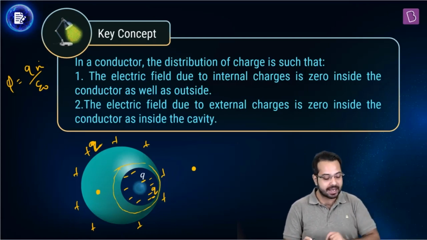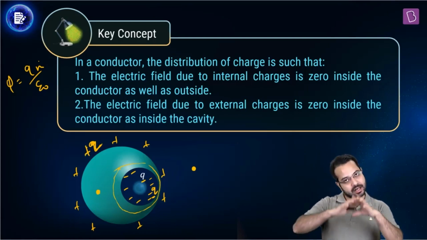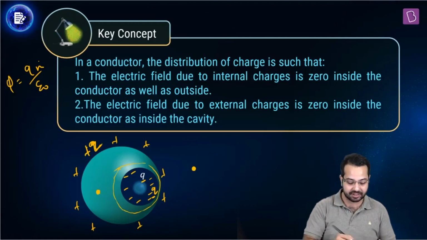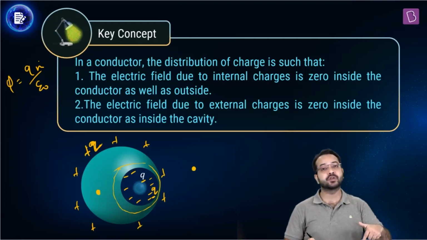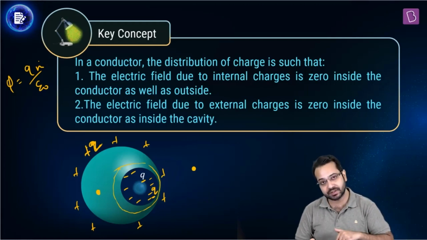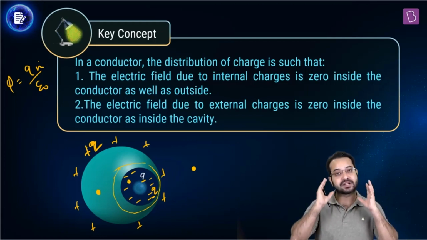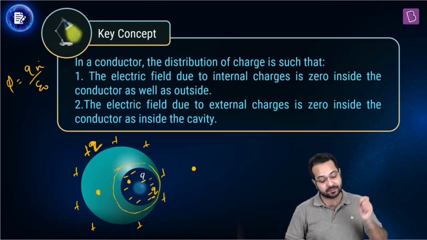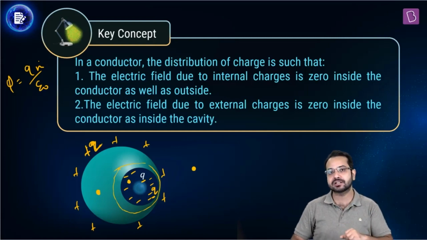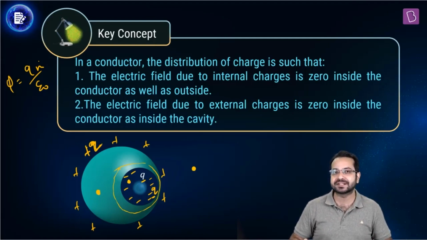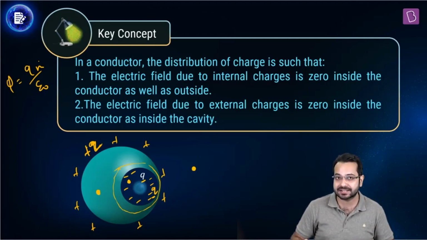All right. And these external charges, they are going to be distributed in such a manner that they also make the field zero inside the conductor, and the consequence of that is going to be they are going to make the field zero inside the cavity as well. Okay, so I'm repeating this. External charges will make the field zero inside the conductor as well as everywhere inside.